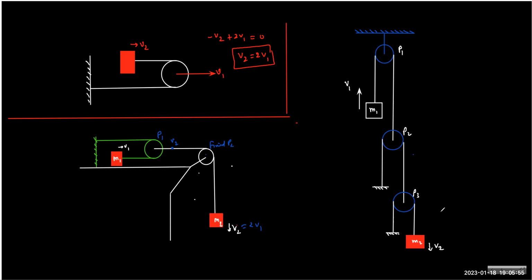So if P2 goes down with V1, at what rate will P3 go down? Think about it. 2V1. Very good.